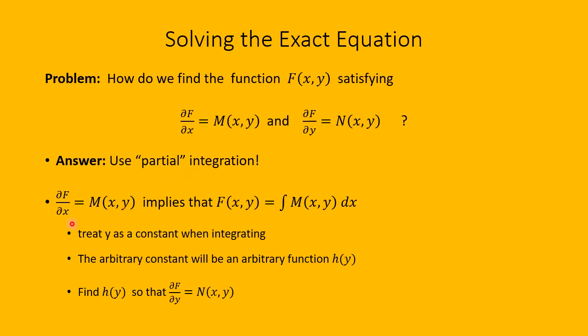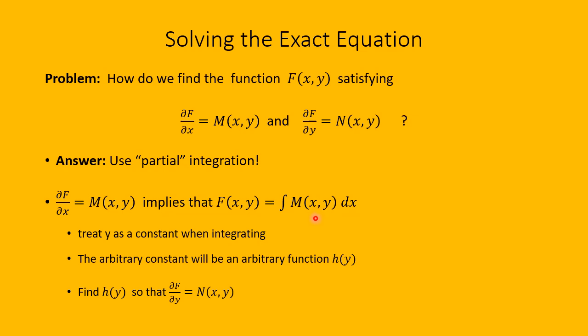So if we have the partial derivative of F with respect to x equals M of x, y, that means that capital F of x, y has to be the integral of M of x, y dx. And when we're evaluating this integral, we're integrating with respect to x, treating y as a constant. So we're kind of undoing the partial derivative where we treated y like a constant.